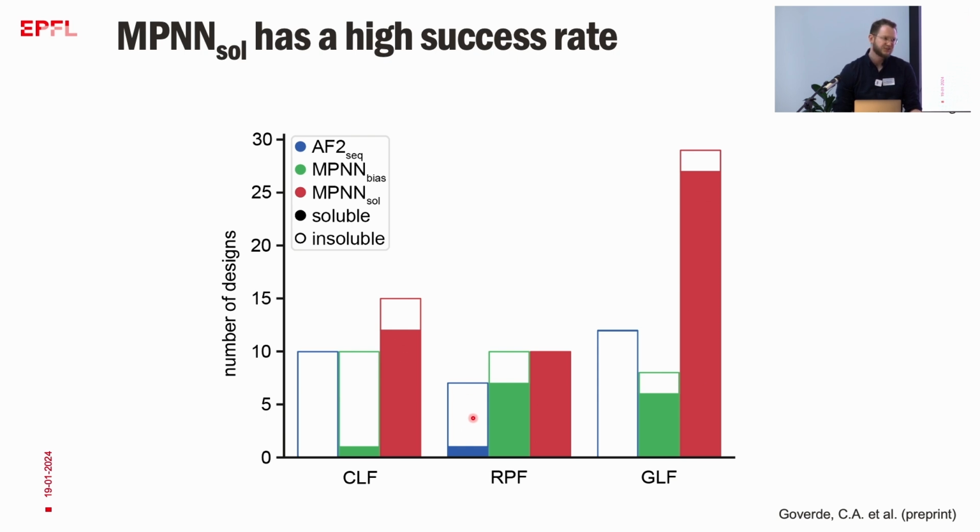It was expressing in soluble, but unfortunately, I don't think it was folded. MPNN bias actually did surprisingly well for the rhomboid protease fold and for the GPCR-like fold. But for the Claudin fold, here termed CLF, it wasn't great. But the soluble ProteinMPNN got on average a 70% success rate. So this did really well on all of the protein topologies that we tested.